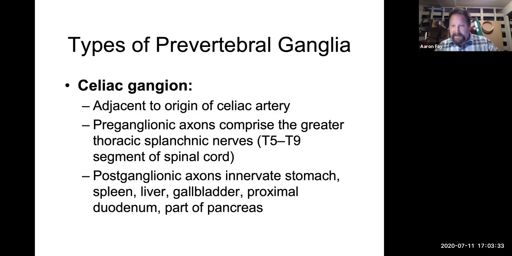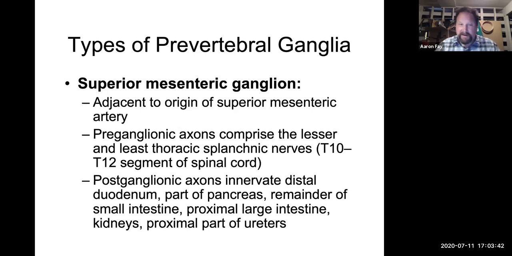So simply what that means is this splanchnic nerve, part of your sympathetic nervous system, is going to innervate these organs. Superior mesenteric ganglion, right, following the superior mesenteric artery, made up of these segments, T10 through T12. I'm not going to ask you that.